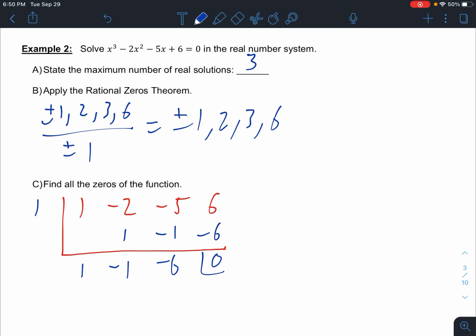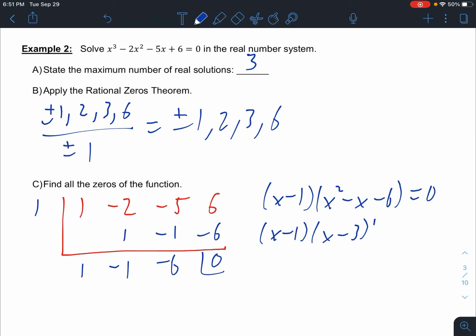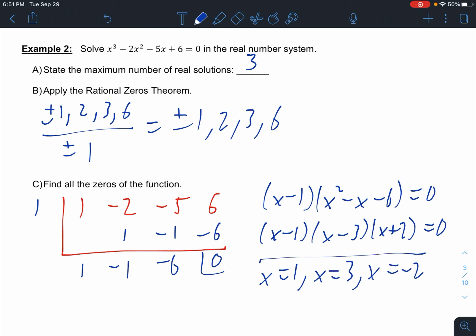So now I can write my original equation as x minus 1 times x squared minus x minus 6 equals 0. Continuing to factor, now I know my 3 answers are positive 1, positive 3, negative 2. Hopefully next time we'll guess wrong.